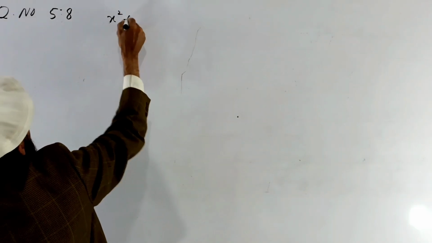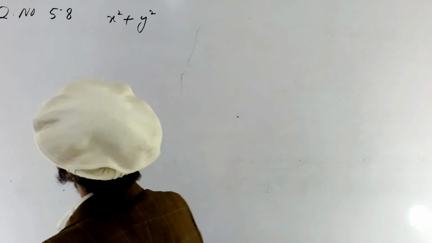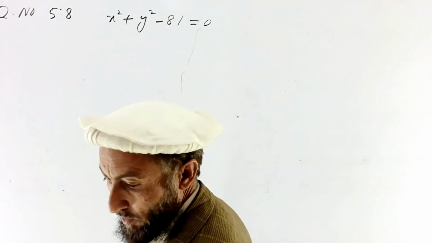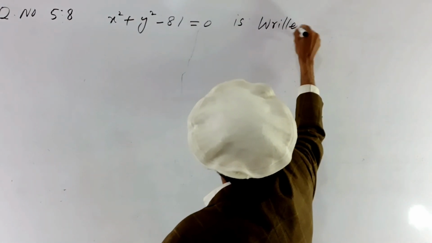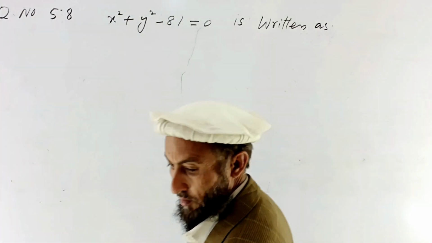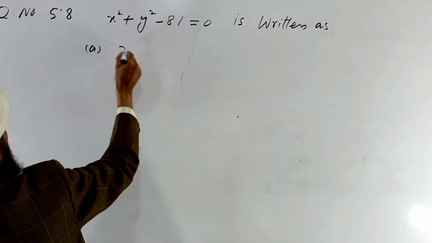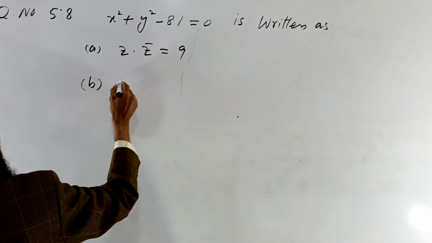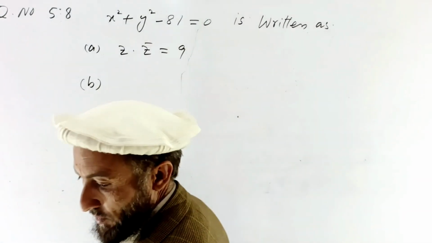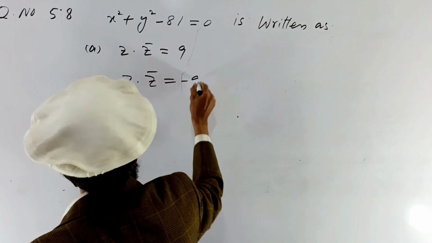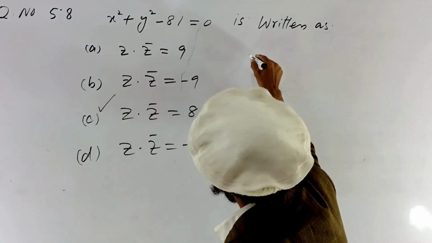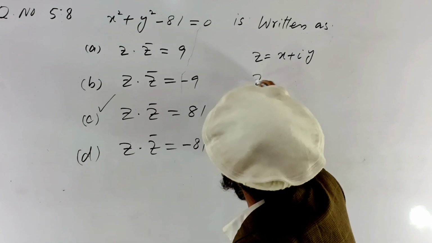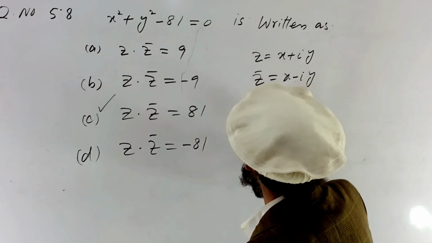Given x square plus y square minus 81 is equal to 0, find z dot z bar. As we know that z is equal to x plus iota y, z bar is equal to x minus iota y.